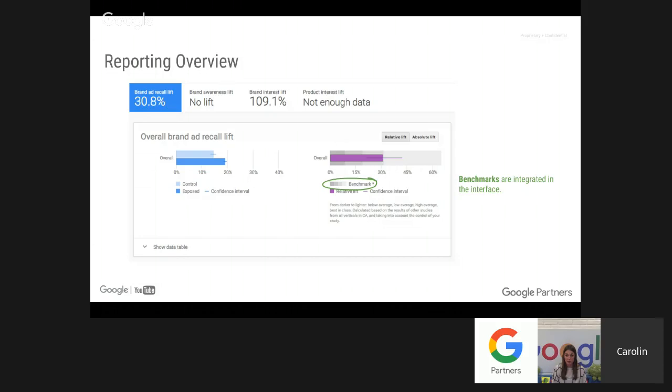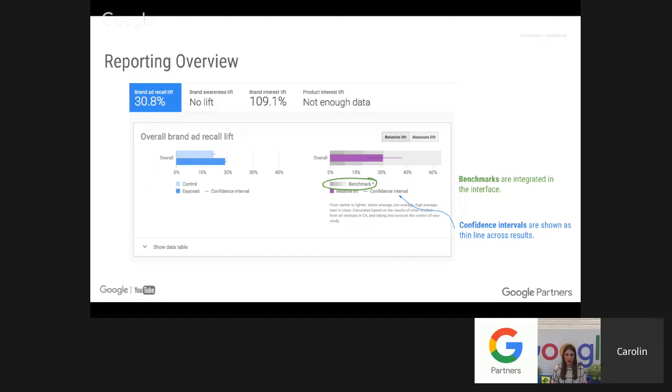So if you have 20%, it might be low. So you want to know what is the benchmark in your country and your vertical. If we don't have enough data in your country and your vertical, we try to show you the benchmarks of your vertical. But generally, in the light gray text underneath, you will see what the benchmark is referring to. If it is to the country and vertical, and especially which vertical, or if it's simply to the vertical itself.